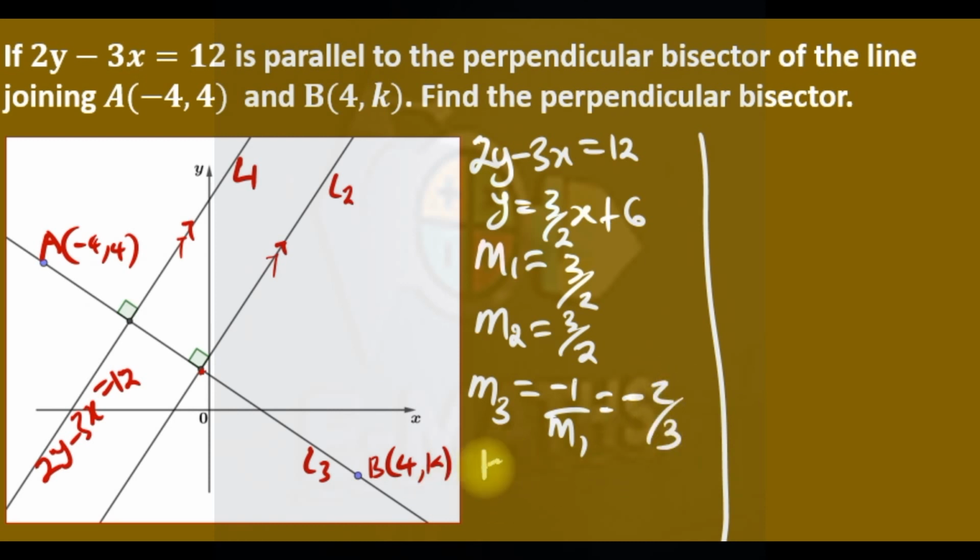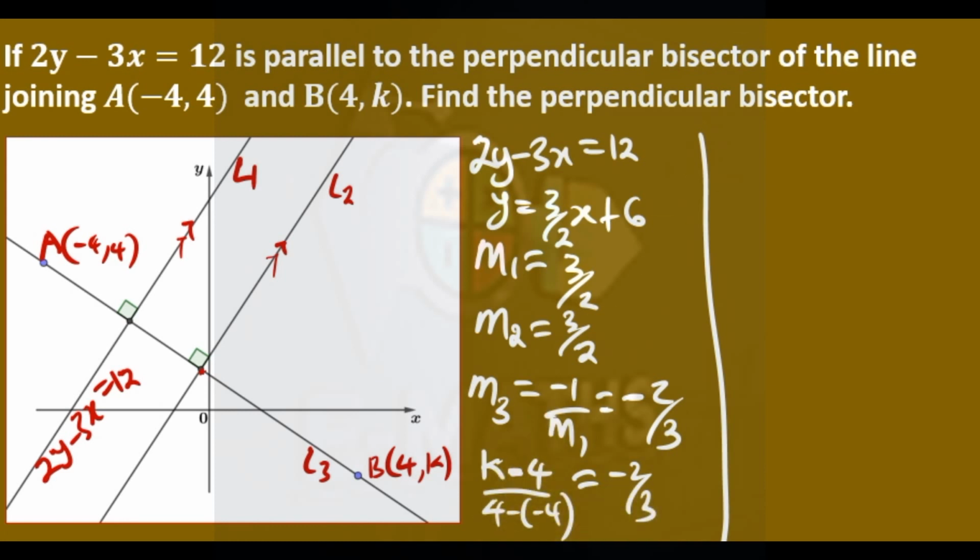The slope of line 3 using change in y over change in x is k minus 4 over 4 minus (-4), which is the same as minus 2 over 3, using the relationship between two perpendicular lines.